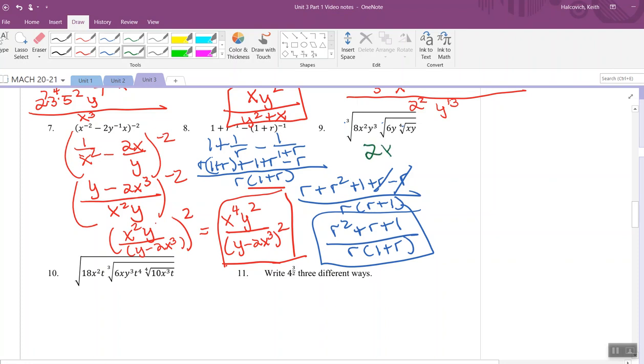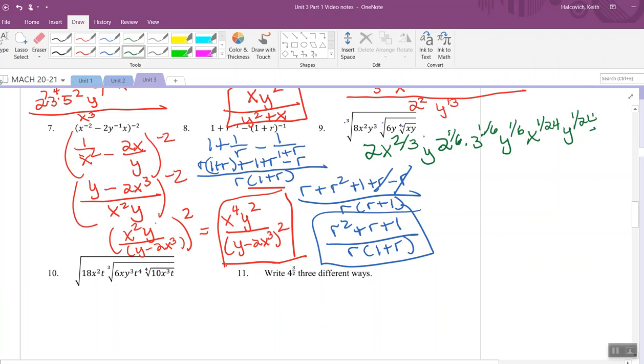X to the 2/3, y, and then this is to the 6th root, so it's 2 times 3, so it's 2 to the 1/6, times 3 to the 1/6. And then it's y to the 1/6. And then the last one's to the 24th root, so it's x to the 1/24th, y to the 1/24th.